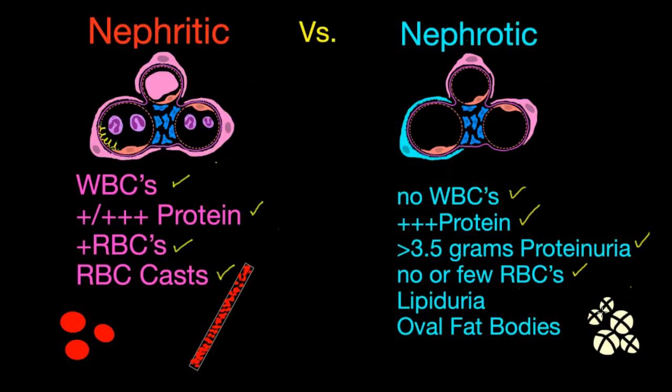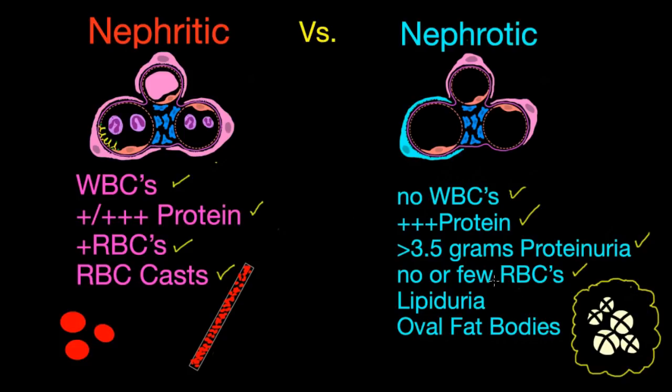Remember, we're not supposed to be filtering all this lipid, but the patients are hyperlipidemic due to overproduction of lipoproteins, and now they're filtering all these lipoproteins, and these degenerating tubular epithelial cells have taken up a lot of this lipid. And when we're looking under the microscope, under polarized light, we can see these things called oval fat bodies. And under polarized light, it sort of has this, quote, Maltese cross pattern, and I've sort of drawn it like here. So this would be highly suggestive of nephrotic syndrome.